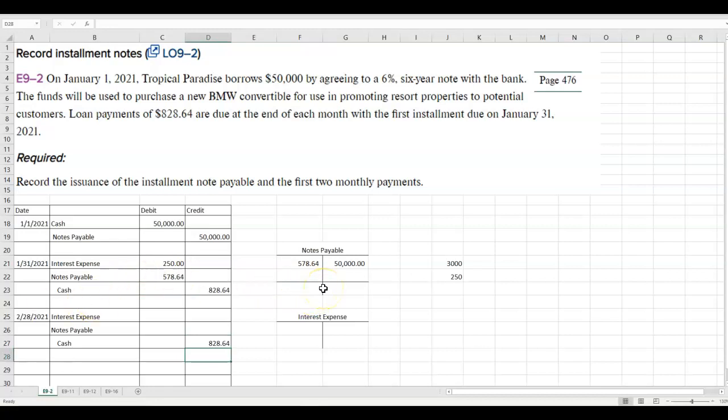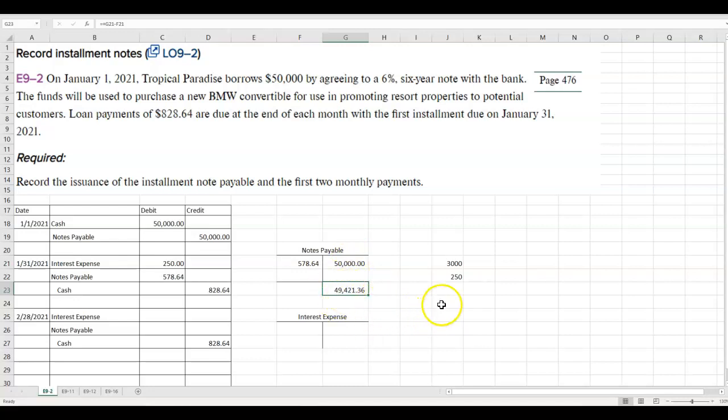What's going to change is the amount of interest that's charged because we have a new balance here. $50,000 minus $578.64, so our balance is $49,421.36.